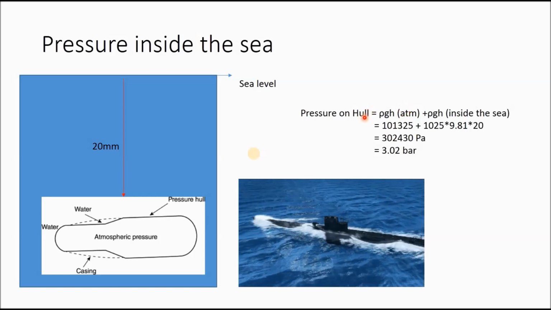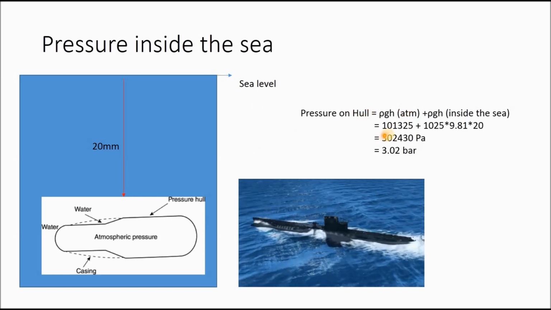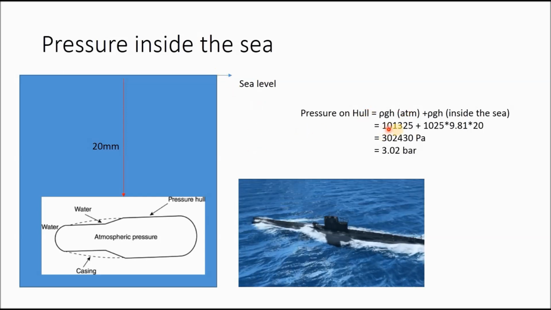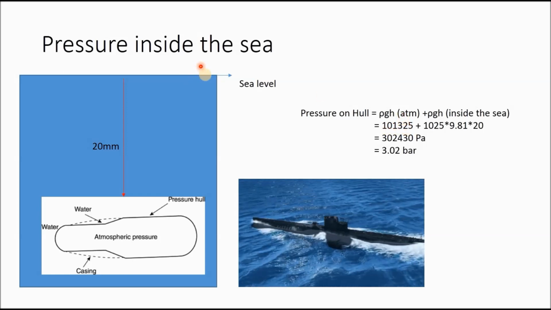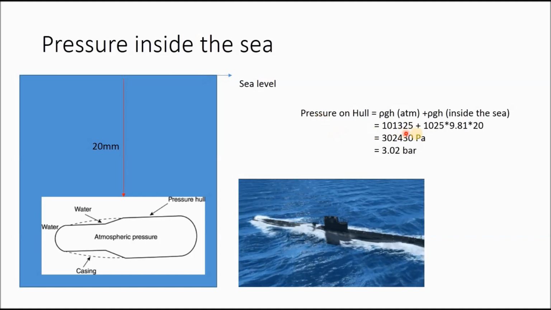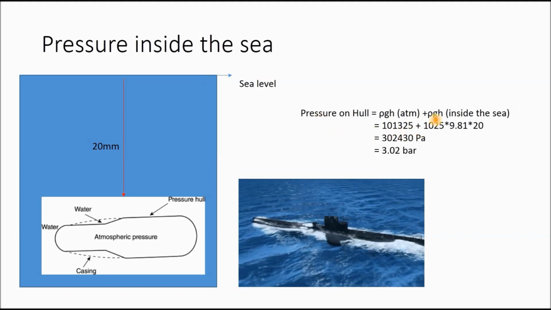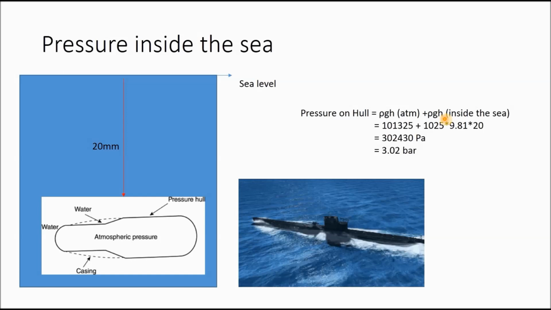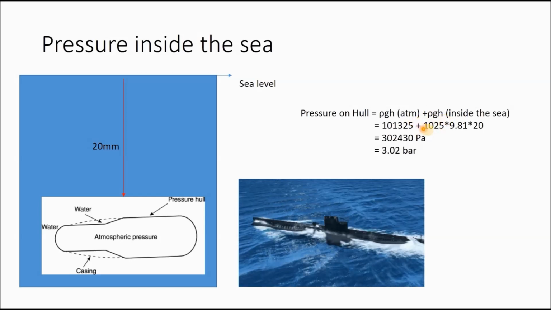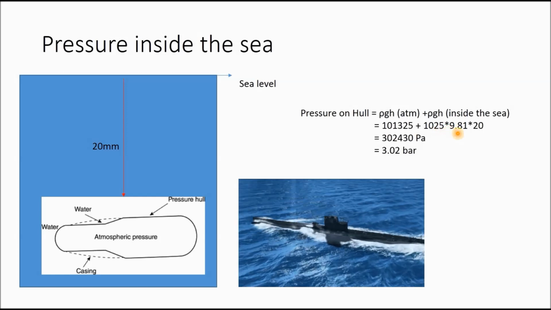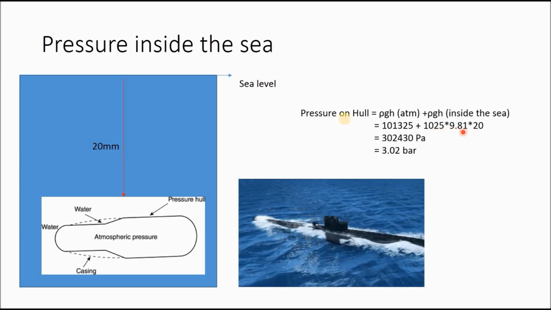Why? Because if you take sea level, the pressure is 101,325 Pascal. We call it atmospheric pressure, or at sea level it is atmospheric. And if you are going deeper, then it is rho g h, so you have to consider the depth. I took the sea water density into 9.81 into 20 meters.